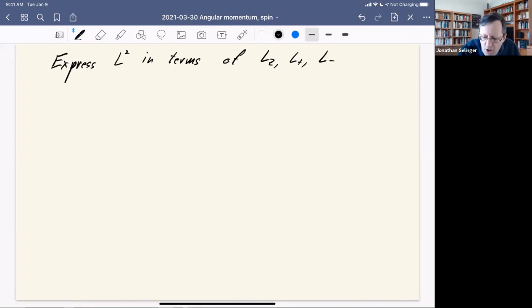We already have it expressed in terms of LZ, LX and LY, but instead of LX and LY, let's use L plus and L minus. So if we do L plus acting on L minus, that's LX plus I LY acting on LX minus I LY.